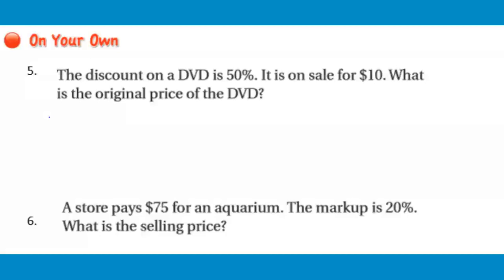So first thing I need to do is figure out what percent we actually paid. So this one, I have to start with 100%, subtract my discount of 50%, and this means that I only paid 50% of the original. So I take 50% of the original amount. We don't know the original amount, but we know the sale price came out to $10.